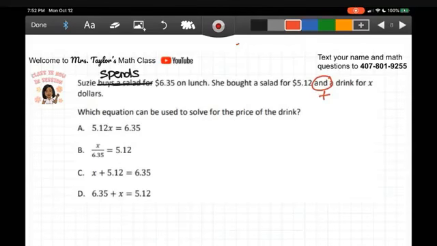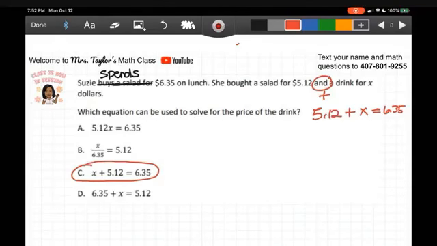She bought a salad for $5.12, and she bought a drink for whatever amount of money, and she spent $6.35. So the only answer choice here would be C. Okay, let's keep it going.